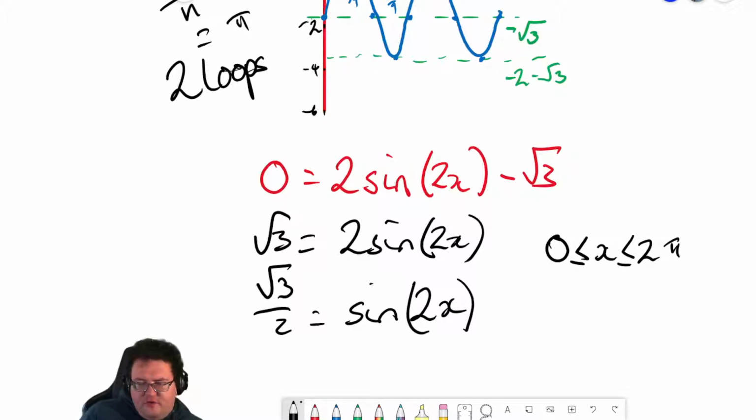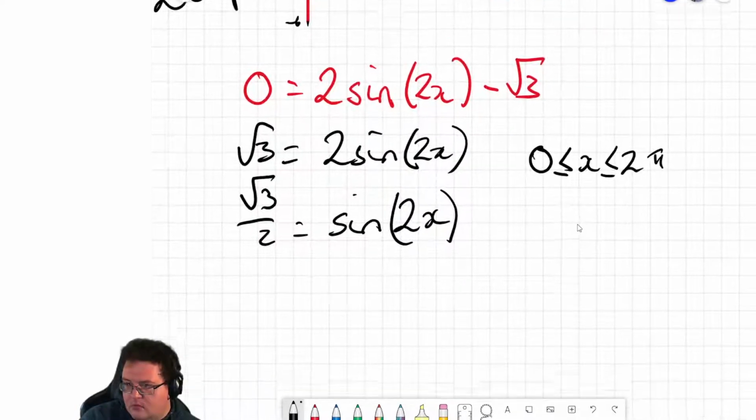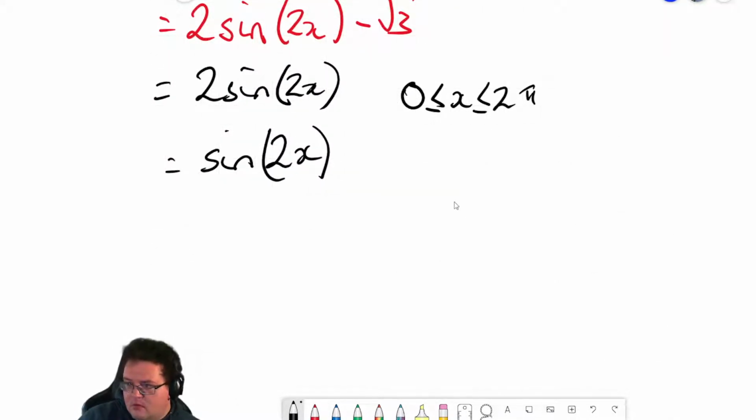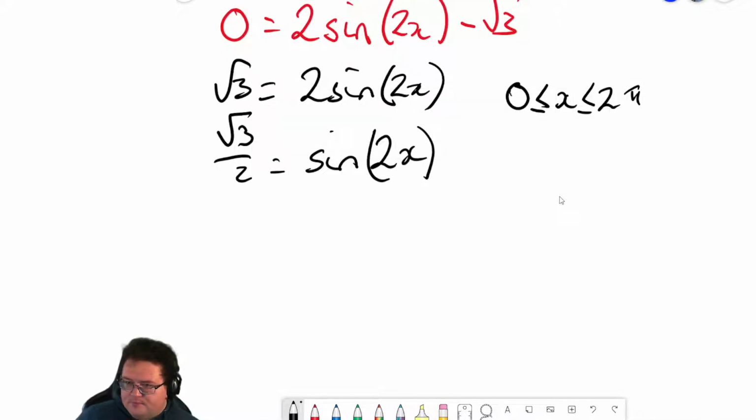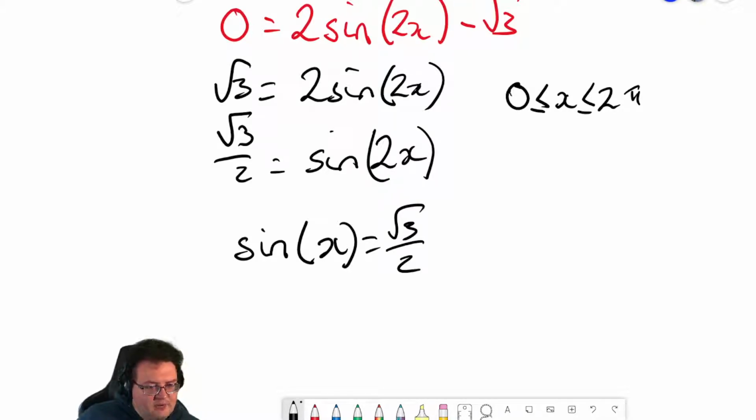So my question for you is, what is it normally? Sine of x equals root 3 on 2. Think about your exact values table. What does x equal when it's root 3 on 2?